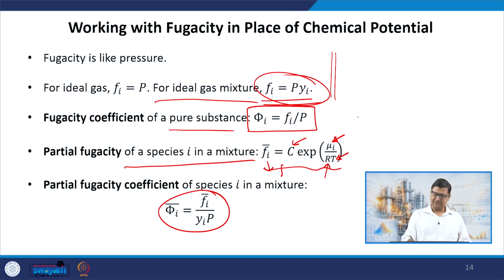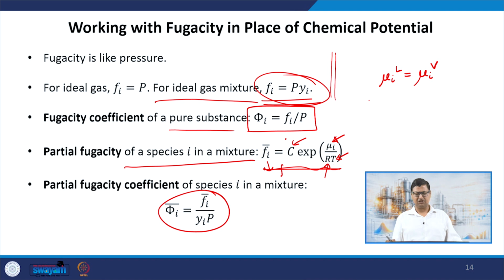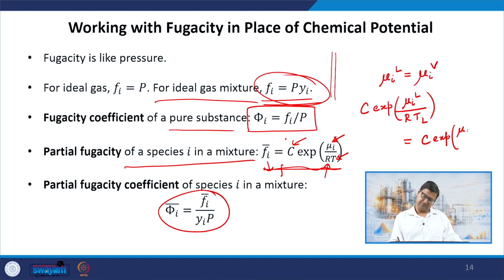So, basically, instead of writing mu iL is equal to mu iV, since Fi is something like this, and since these two are equal for the same condition of temperature and pressure, because temperature is anyway the same at equilibrium in the two phases, we can also write it as C exponential mu iL by RTL is equal to C exponential mu iV by RTV, because TL is also equal to TV.